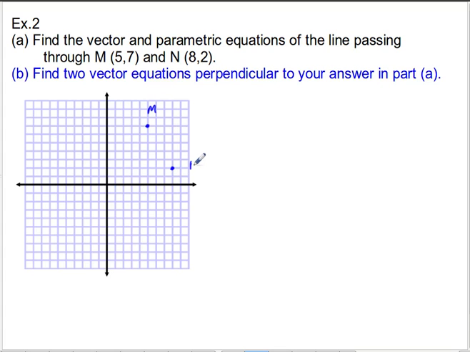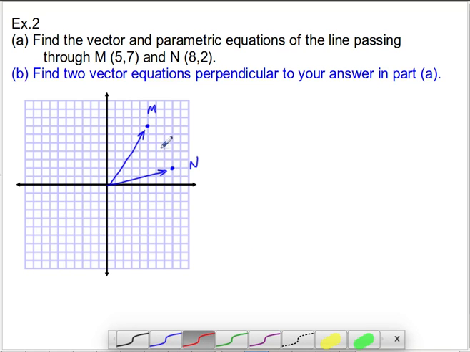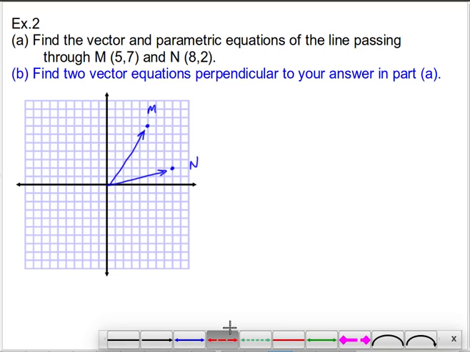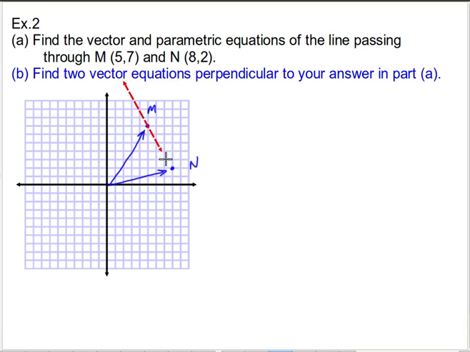And that's N. So I have vectors to each of those locations, but I also know my line lies between those 2 points. So my line looks like that.